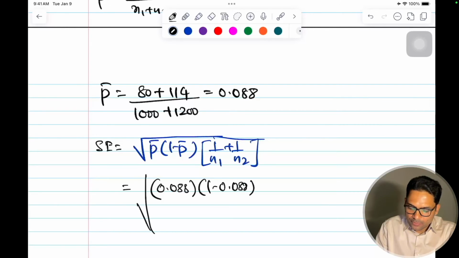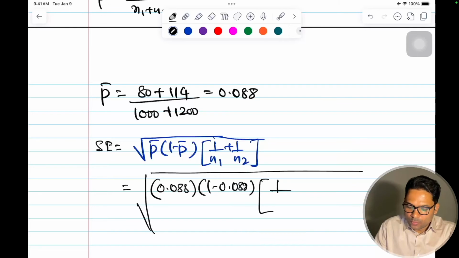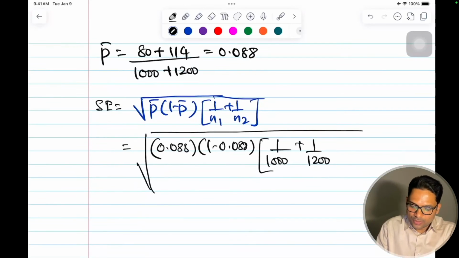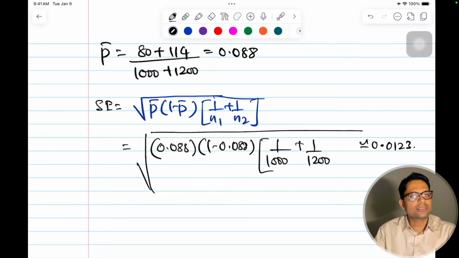The whole thing will be under the square root, and this will be 1 by n1, which is 1000, plus 1 by 1200. If you compute this, it should come out to be approximately equal to 0.0123. This is just calculator.